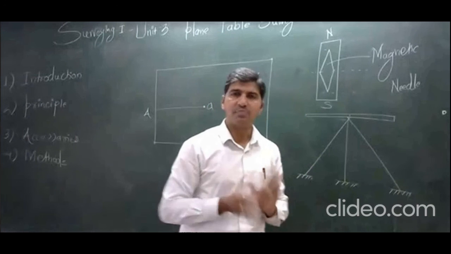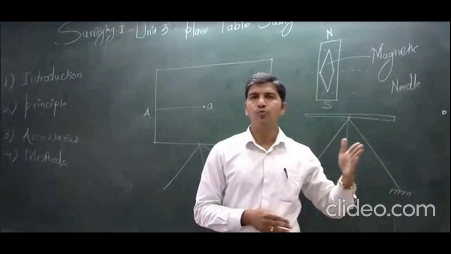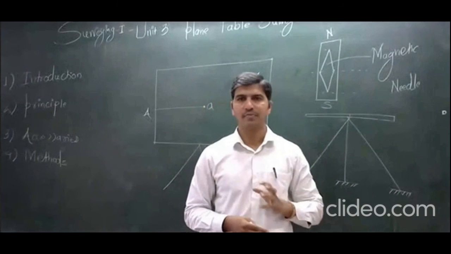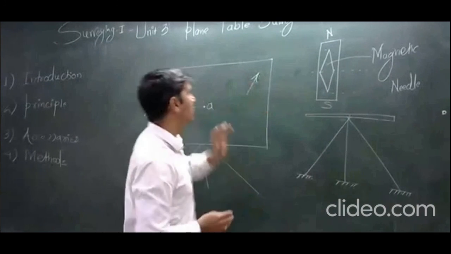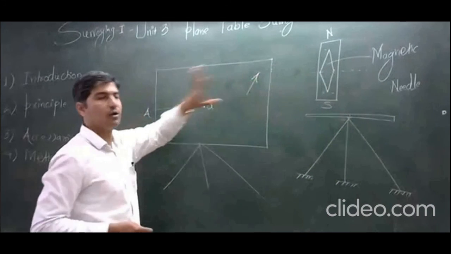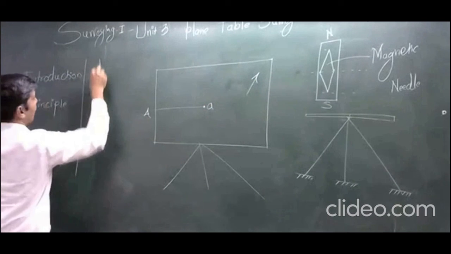Because this is the principle. Unless we keep the plane table parallel, the points we represent on the map may contain some kind of errors. So that's why we require the rough compass. We require the north direction. One more point is the parallelism.